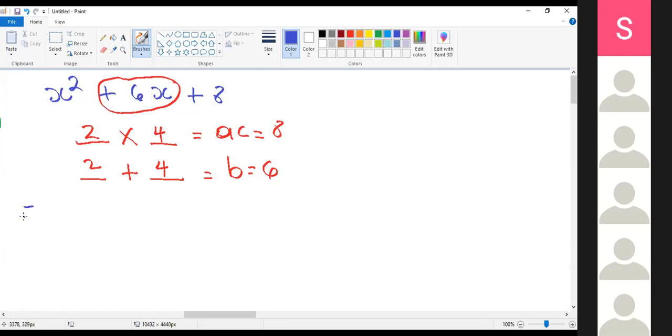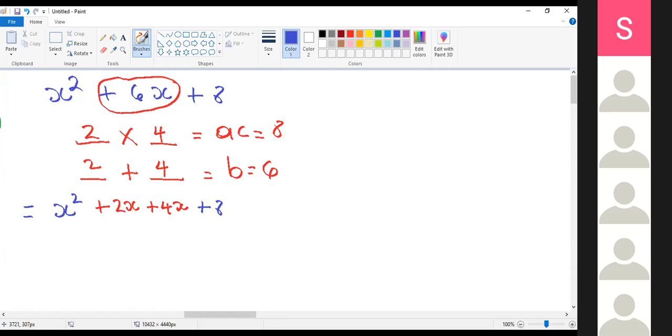So we say x squared plus 2x plus 4x plus. Everybody see that? So that middle term, which is plus 6x, split into the 2 and the 4. So 2x and 4x, right? Everybody clear so far?